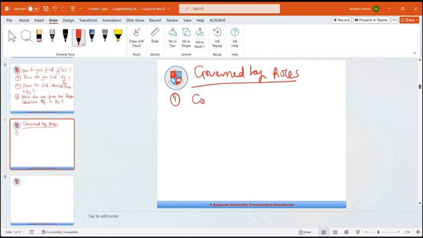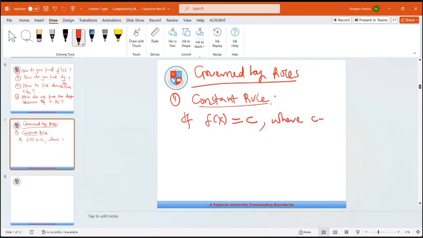Number one, let's look at the constant rule. With the constant rule, if f of x is a function that equals c, where c is a constant, we can always find its differential calculus f prime x as 0.